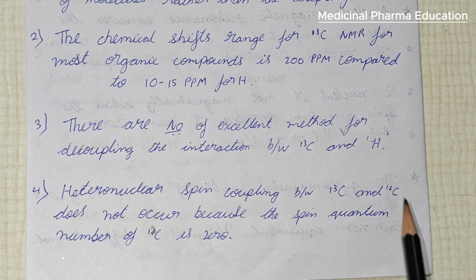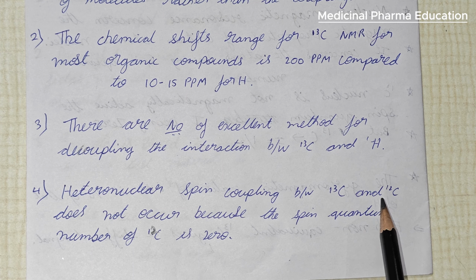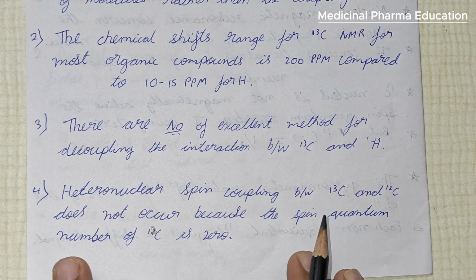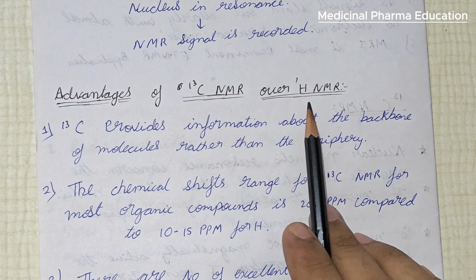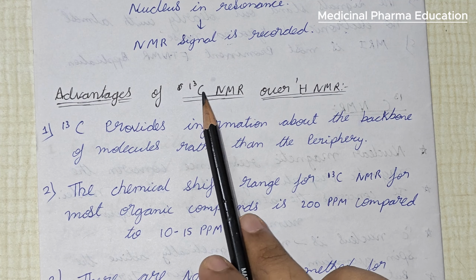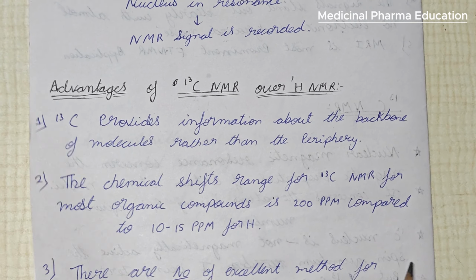So their nuclei do not interact and coupling does not occur between these two atoms. That's the main advantage of 13C NMR over hydrogen NMR. It has many advantages.